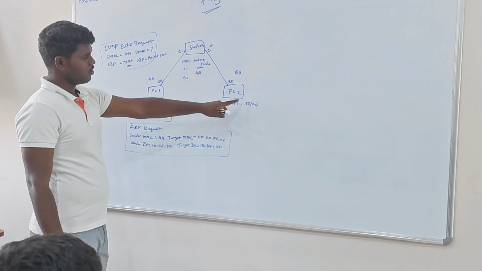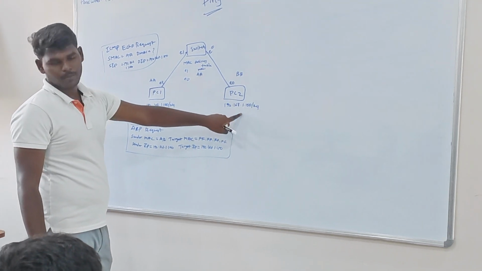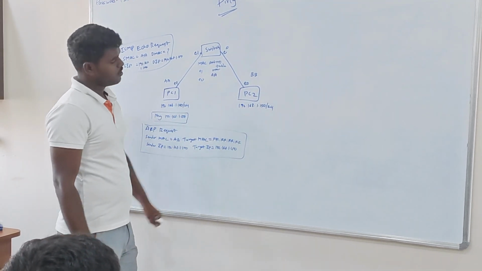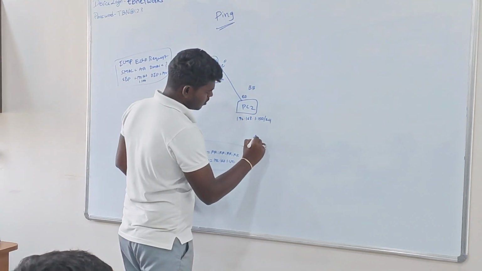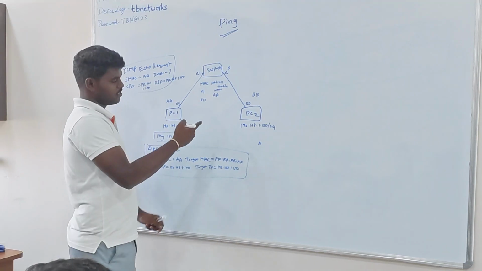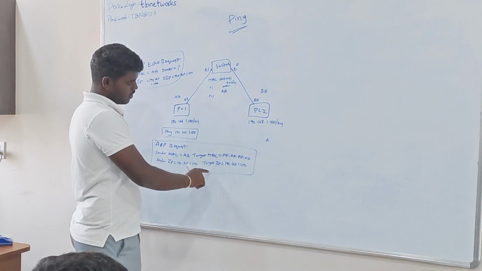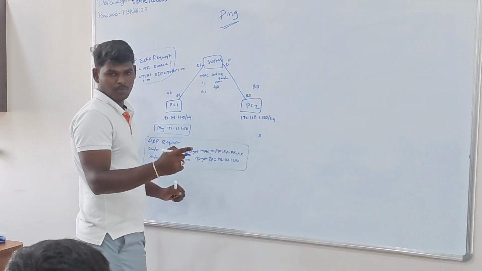So PC2 will generate the ARP reply. Before that, PC2 will learn the source IP and source MAC and store the details in the ARP table.